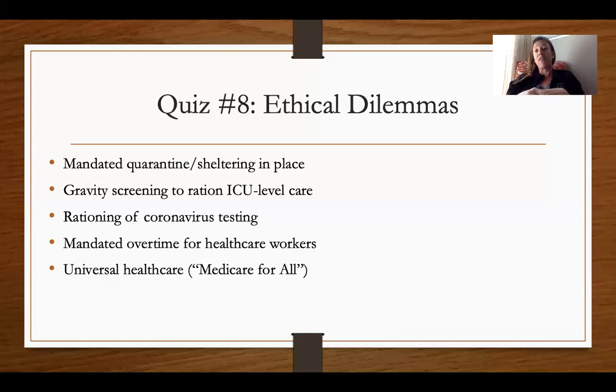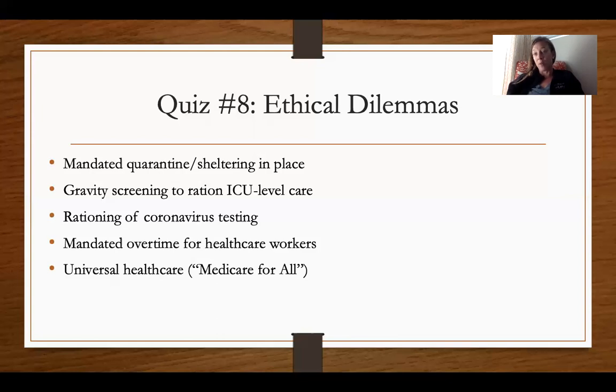And we have a different viewpoint, and we're a lot more lax than some other countries as far as jumping on quarantining people, testing people, taking control of people's lives. We really do value respect for autonomy in our culture, and so you'll be able to see that as you read more about our issues with coronavirus testing.